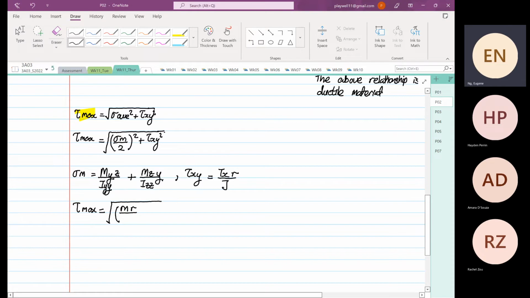Because Z and X or Y and Z in a shaft is also equal to radius, right?